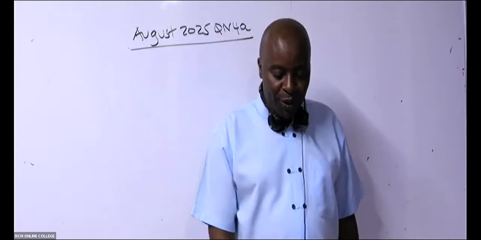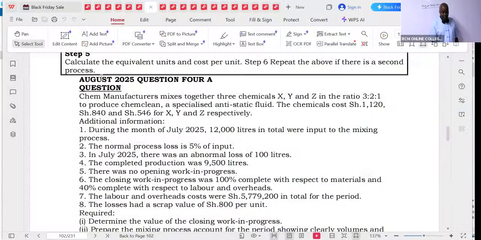Yes, so we continue. We are told here that a chemical manufacturer mixes together 3 chemicals, X, Y, and Z, in the ratios of 3:2:1 to produce CL, a specialized antistatic fluid. The chemicals cost 1120, 840, and 546 for X, Y, and Z respectively.